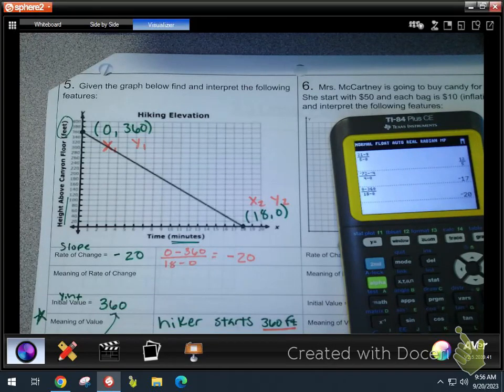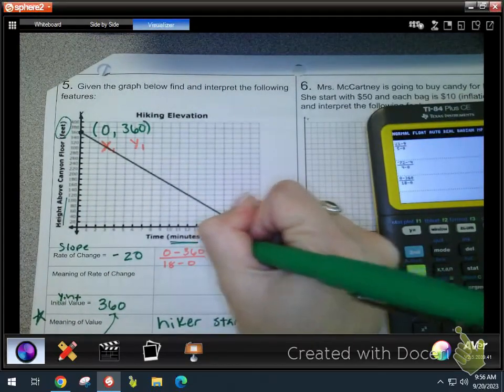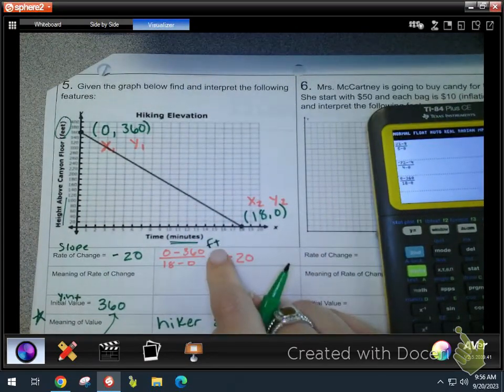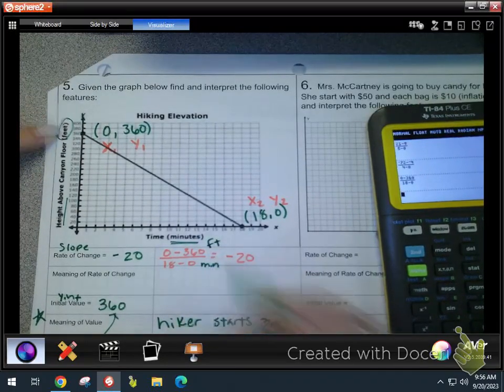20 feet per minute. So when you bring back those units, this is talking about feet, the change in your y, and this is talking about minutes.